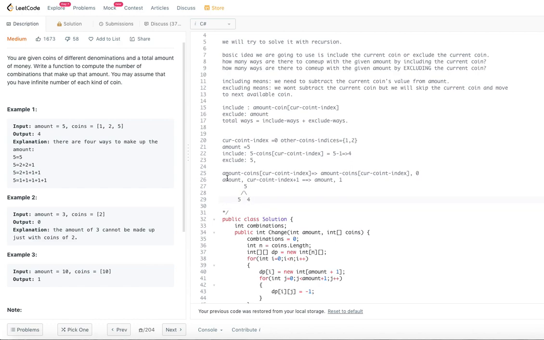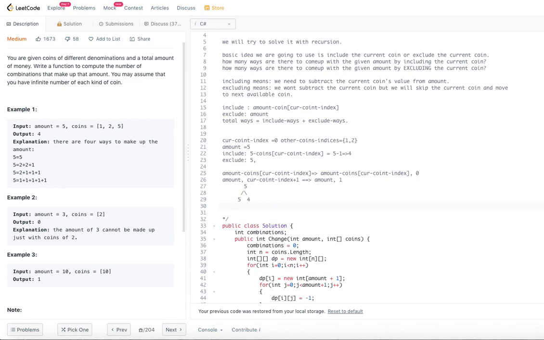So 5 means the amount is not disturbed, that is excluding the current coin. 4 means the coins are reduced. Again, once you come down to this path, this will go down to 2 things: exclude current coin and include current coin.